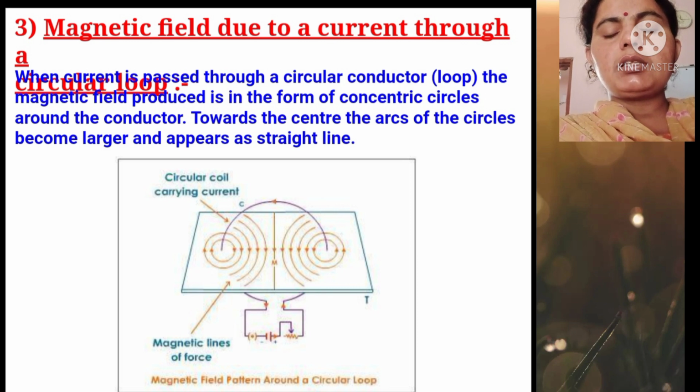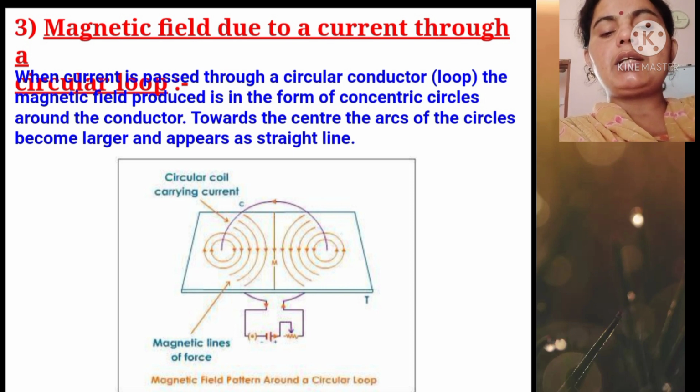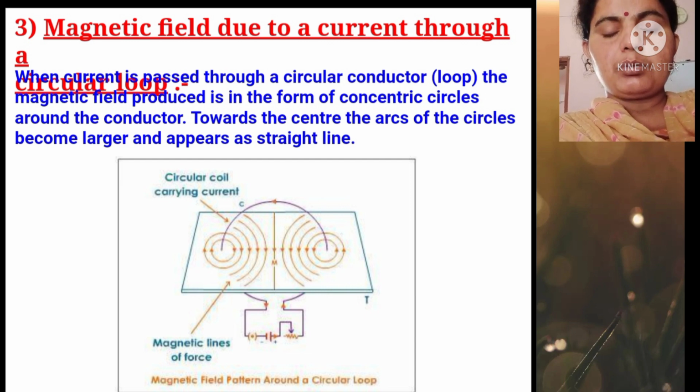Towards the center, the arcs of the circles become larger and appear as straight lines. Magnetic field lines never cross each other.